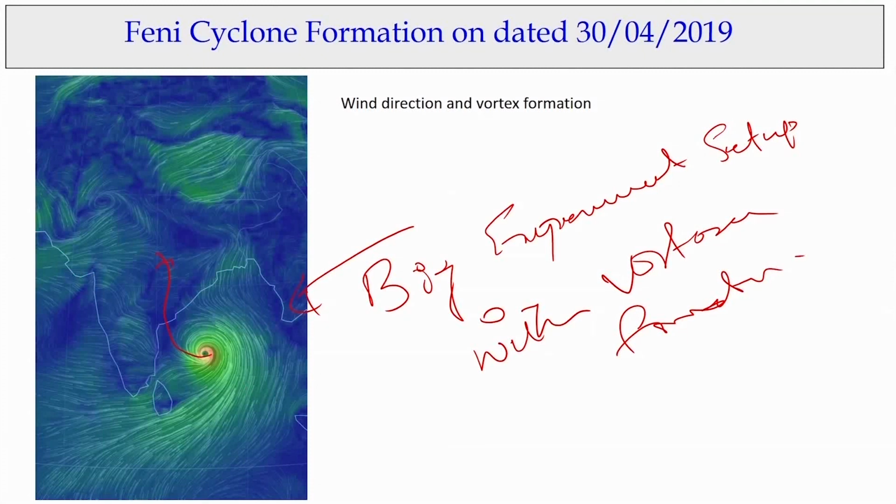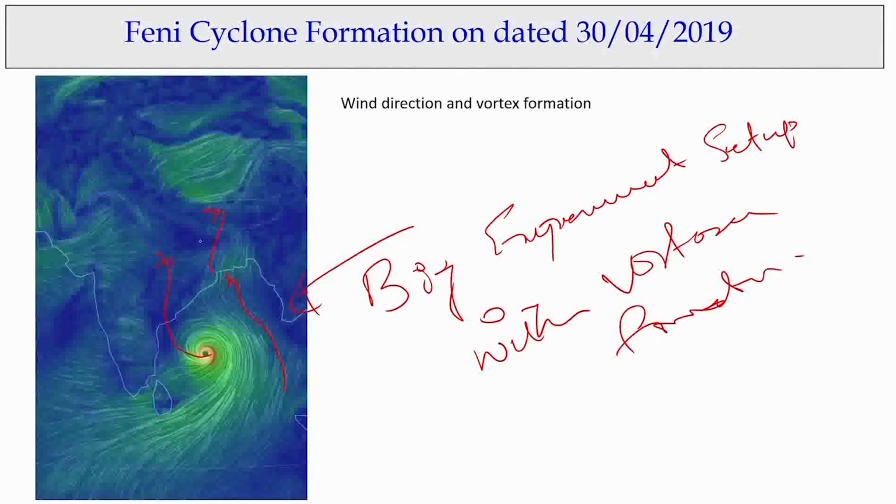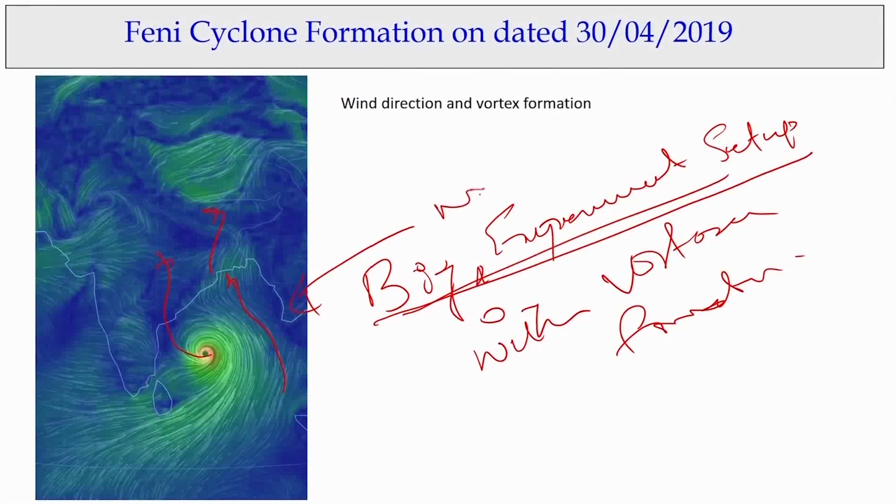You see these figures, and try to understand how complex the flow patterns are during cyclonic formations, how the vortex patterns form, and how the wind directions are changing. So, we have a big natural experiment in the cyclonic formations, not this small experimental setup, but the Hele-Shaw experimental setup with a color dye experiment.